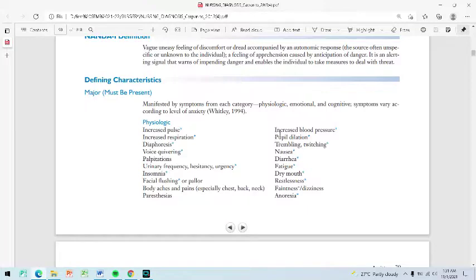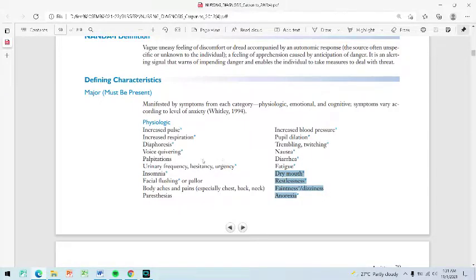Then increased blood pressure, pupil dilatation, trembling and twitching, nausea, diarrhea, fatigue, dry mouth, restlessness, faintness, and anorexia.